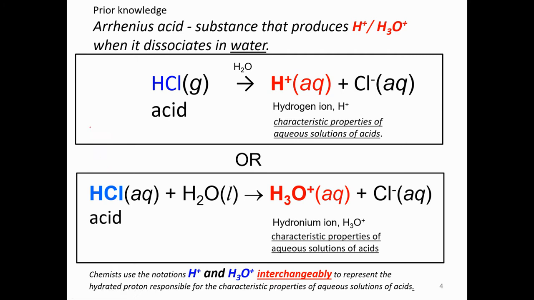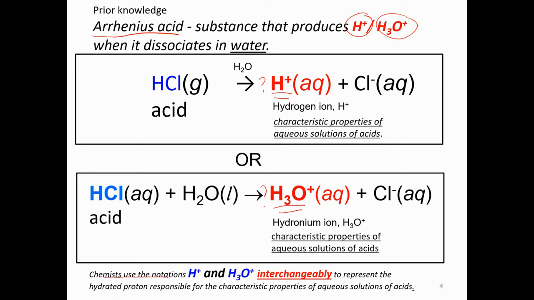Now let's revise again. Our prior knowledge is that an Arrhenius acid is a substance that produces proton or hydronium ion when it dissociates in water. You can see that sometimes we have H+, sometimes H3O+. So when are we going to use H+, and when H3O+?